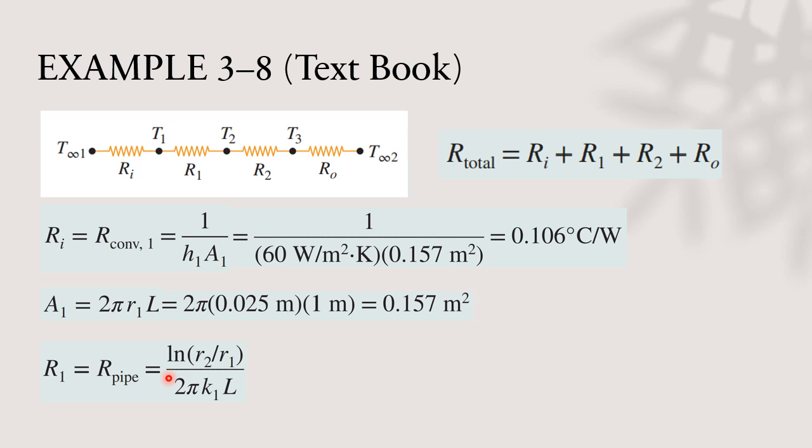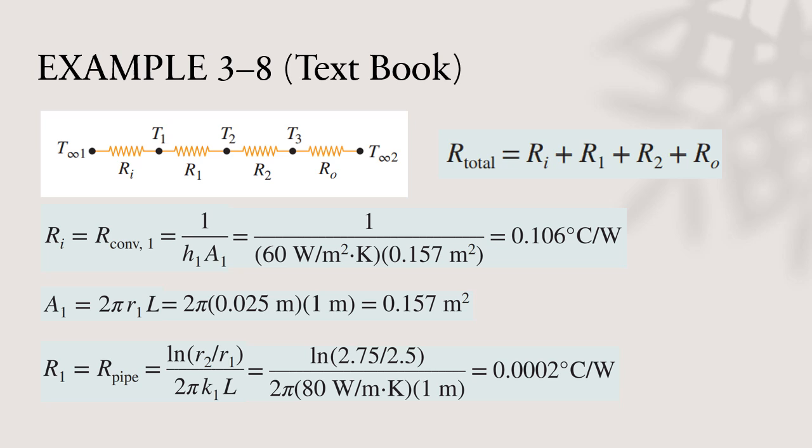Conduction resistance for a cylinder can be calculated using this equation: ln R sub 2 over R sub 1, over 2 pi k1 L. We have all this information from the question, so we just plug in the values inside this equation. We will get R sub 1, or R pipe, equals 0.0002 degrees C per watt. Next, we want to calculate R2.